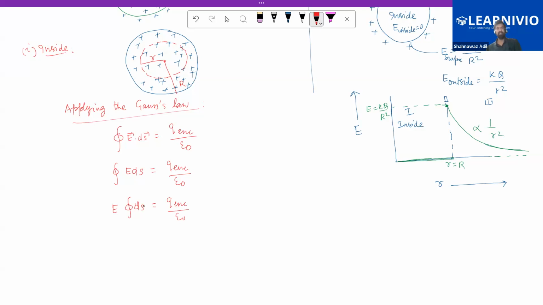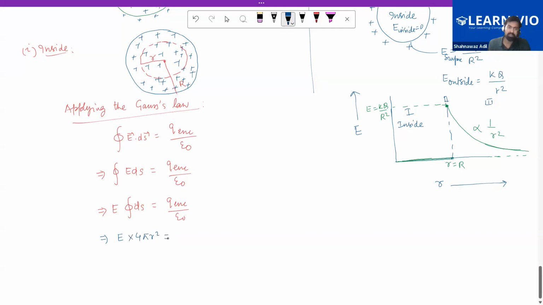What would be the area of the Gaussian sphere? If you have a sphere, what is the area of the sphere? 4 pi r square, right? Absolutely correct. So this would be 4 pi r square.